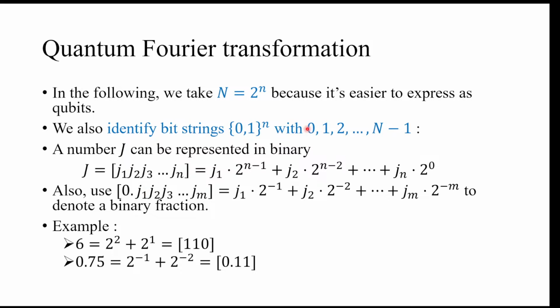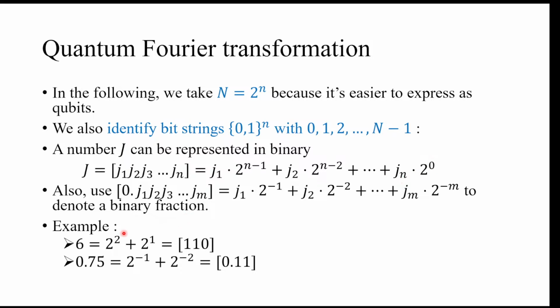For example, 0 is the all-0 string, and N-1 is the all-1 string. So some number j from 0 to N-1 we'll express as this bit string j1, j2, to jn, which is basically a binary representation of j. So it's j1 times 2 to the n-1 plus j2 times 2 to the n-2 all the way to jn times 1.